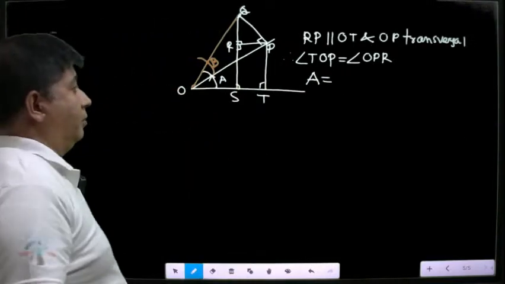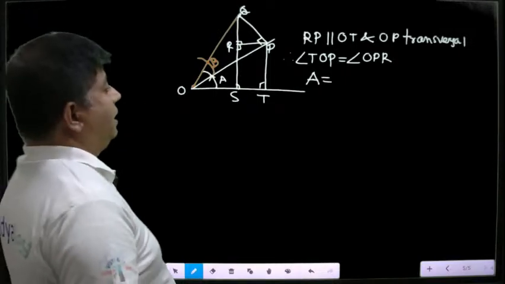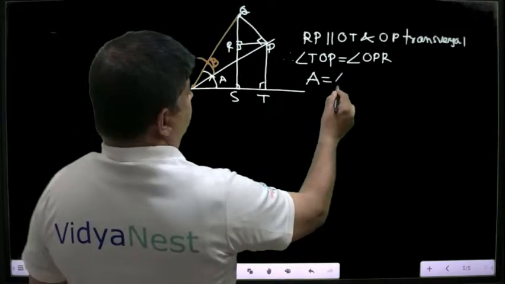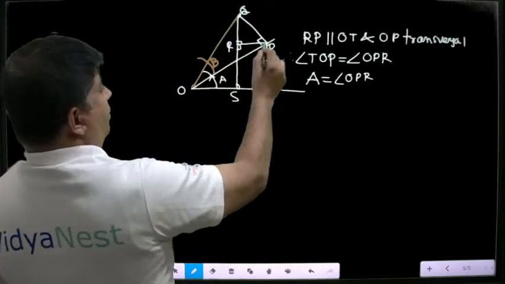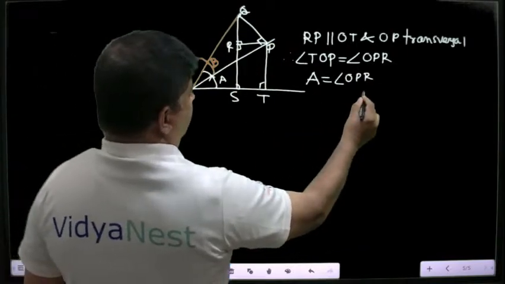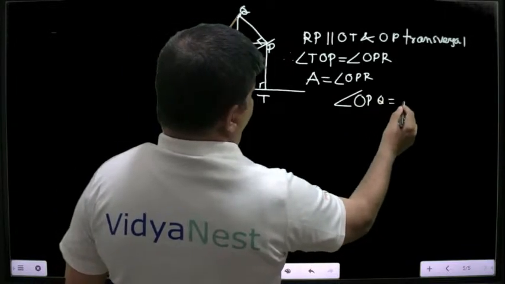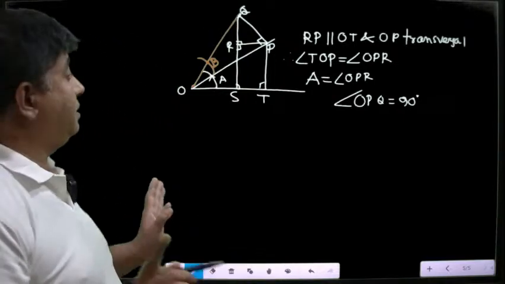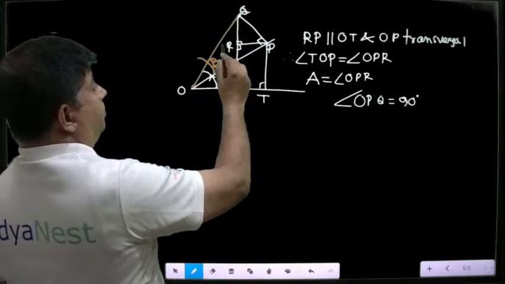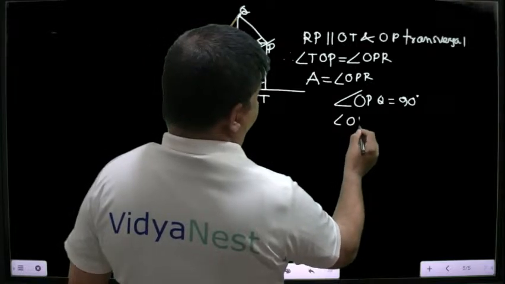OPR, I don't know. But you see, by this figure we have got angle OPQ 90 degree, and it comprises two parts, OPR plus RPQ.